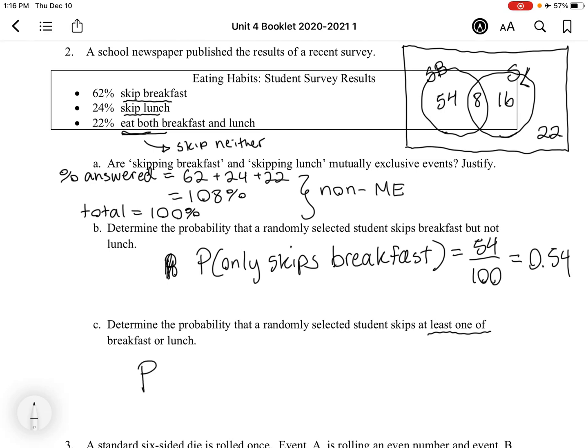Okay, so that probability is going to be, we have to add up 54 plus 8 plus 16 over 100. Because the 54 is only skips breakfast, the 16 is only skips lunch, and the 8 is skips both. And that works out to be 78 over 100, or 0.78.